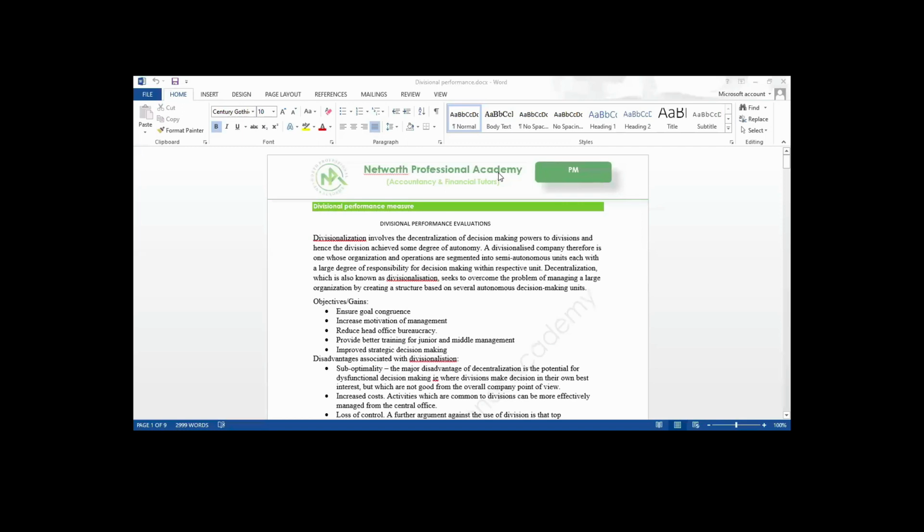Certain decisions can be taken by the divisional manager. Imagine Dangote Cement with factory in Benue State. The production is done in Benue State. Divisional manager is seated in Benue State, but the corporate head office is in Lagos. Such decision can be taken by the divisional manager at the location in Benue State.